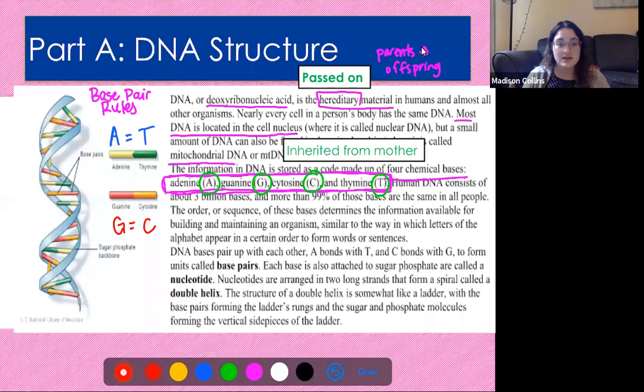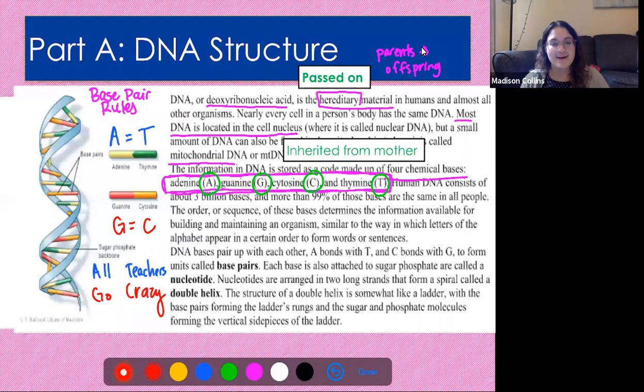A is always with T, and G is always with C. A good way to remember this is a lovely little phrase called all teachers go crazy. Now, I'm not considering myself in that category, but all teachers go crazy. A and T always pair together. G and C always pair together. We're going to talk about that some more as soon as we finish reading this.